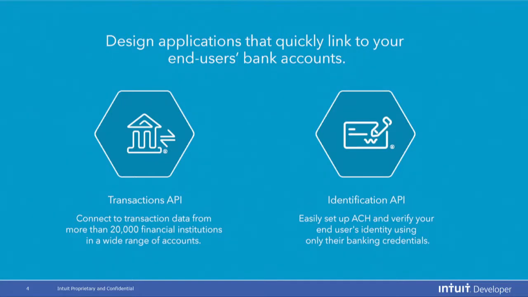The new API that we're launching today is called the Identification API. This is your traditional account verification API. Essentially, your user enters their username and password, and then you're able to set up an ACH. You're able to get the account number and the routing number. You're able to verify the identity of that user. What's their name?